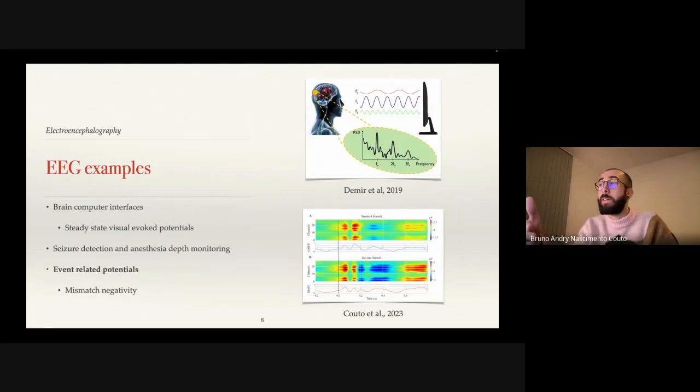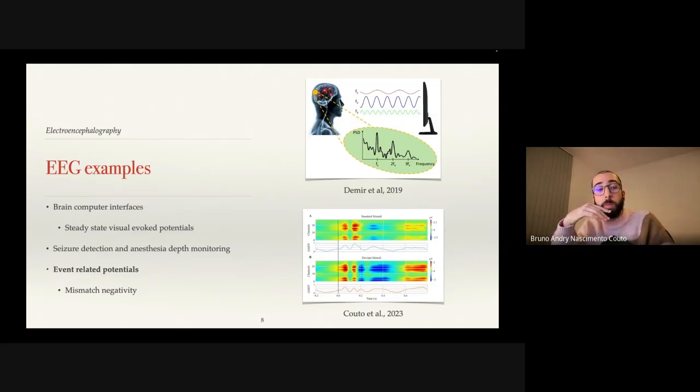So you can, for instance, have 3 buttons, each one vibrating at a different frequency, and you can know somewhat where the attention of that person is. It's very interesting for rehabilitation and brain-computer interfaces in general.